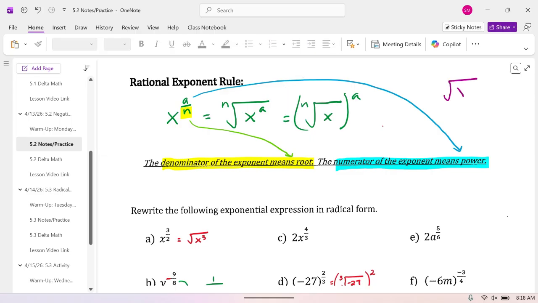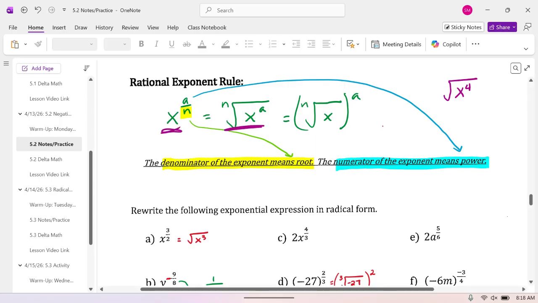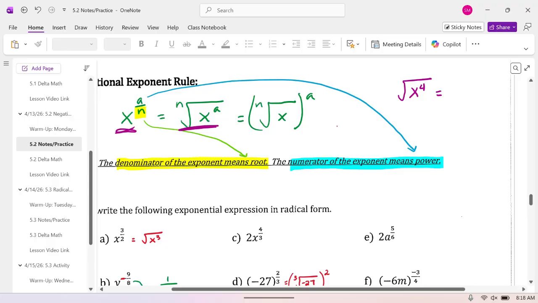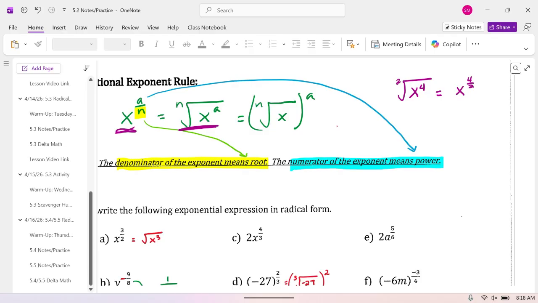So this is what we had. It looks like this. How do I go from that to this? It's what? 4/2. You take whatever the power is and put it over the index, which is an unspoken 2 there. You got to know how to do that.